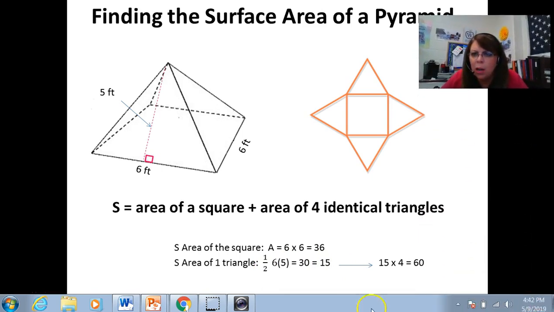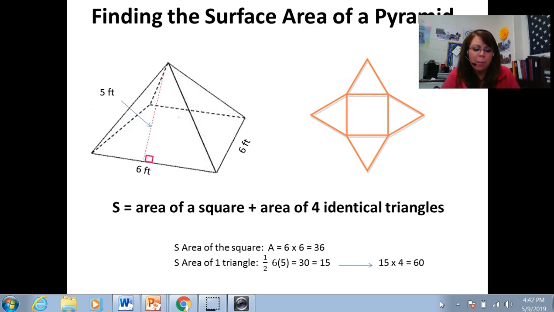But we have 4 triangles, and they all have the exact same dimensions. Each side of that triangle is 6 times 5 divided by 2. And there's 1, 2, 3, and 4 triangles that have those measurements. So we got the area for one of them, and it came out to be 15.